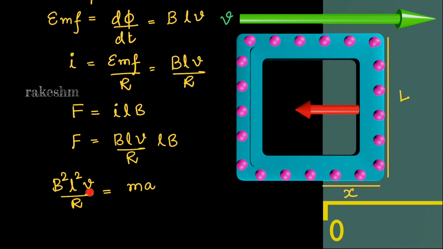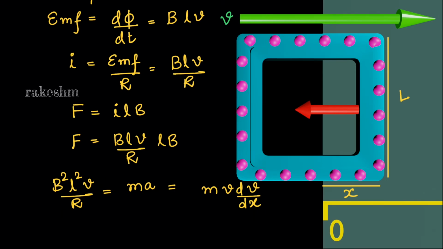We want the velocity of the loop as a function of x. So we will write a as a function of v and x so that we can get this equation in terms of velocity and x. Now we write m into a as m into v dv by dx. We have got this equation in terms of v and x now.